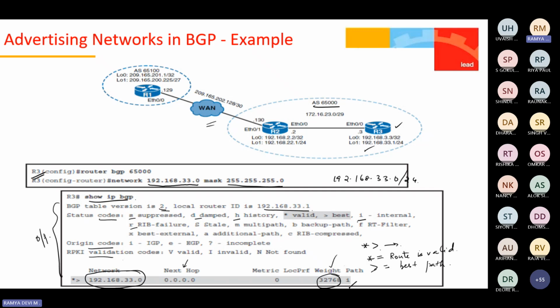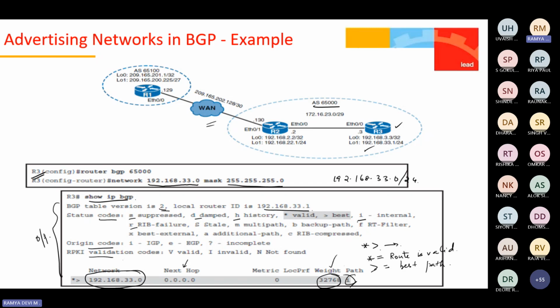The i means it is the origin code, so we can see where it has been originated. The route was learned via IGP, Interior Gateway Protocol, and it is injected into BGP with the help of the network command. BGP can advertise the network if it finds an exact match in the routing table.